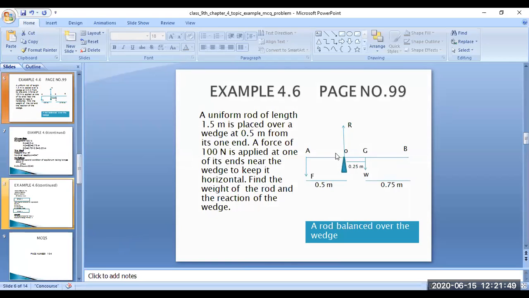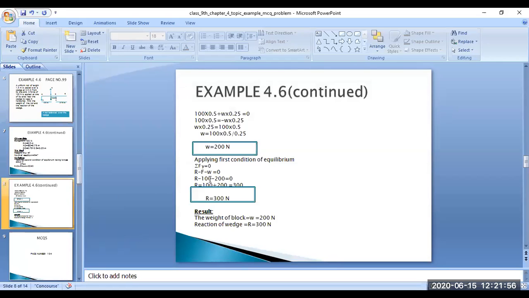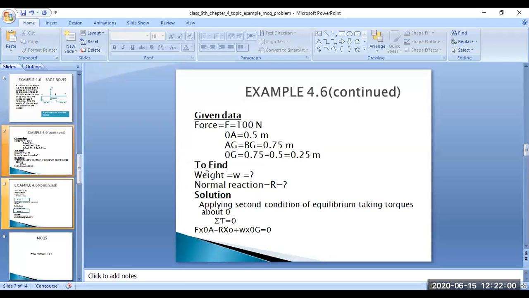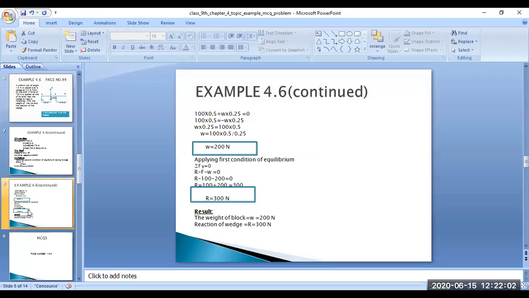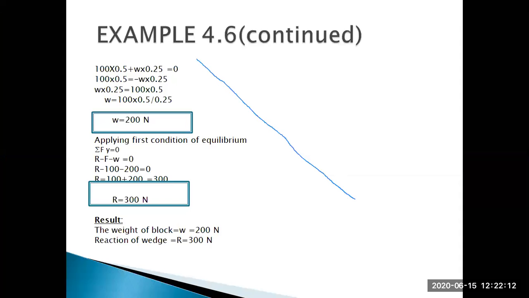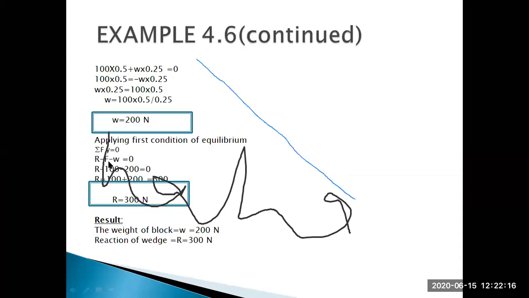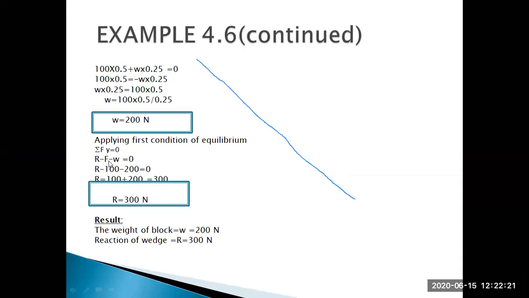There are two forces acting downward and one force acting upward. If I consider the downward force as negative and the upward force as positive, the normal reaction is acting in upward direction, and the force and the weight are acting in downward direction, so I'm taking the negative sign.